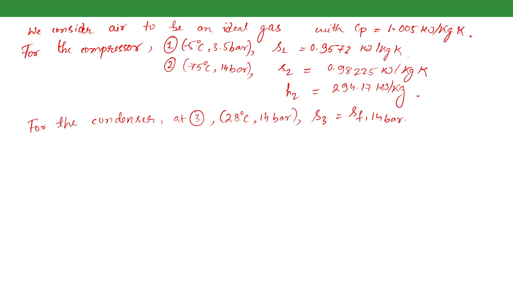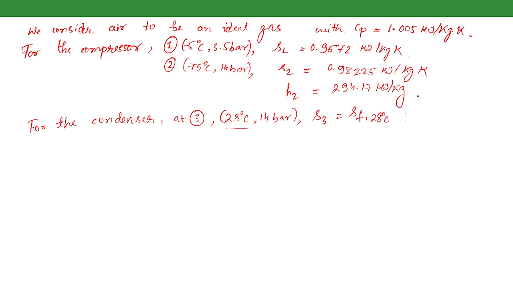Sorry, corresponding to that temperature, corresponding to a saturation temperature. That is, S3 is at 28 degrees Celsius and 14 bar. This will be equal to the entropy of the saturated liquid corresponding to the saturation temperature of 28 degrees Celsius.